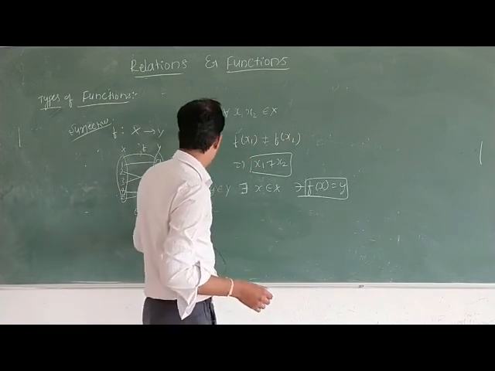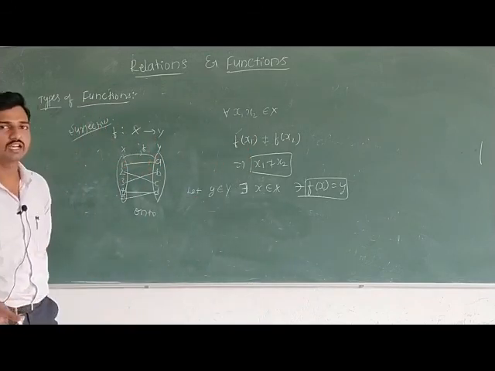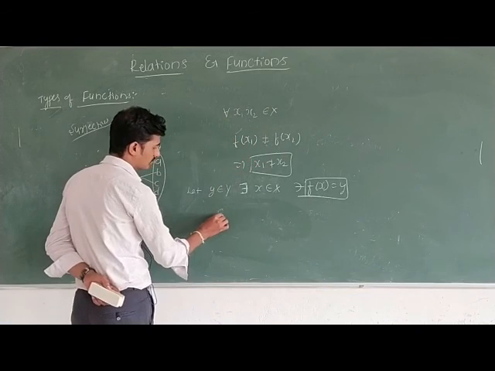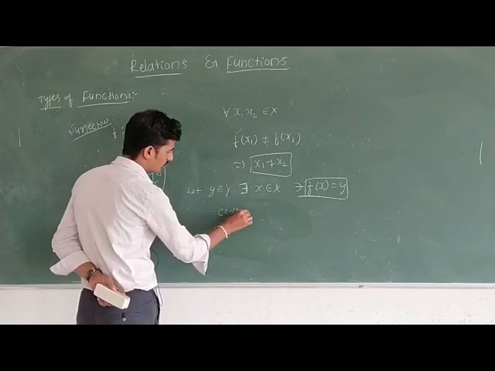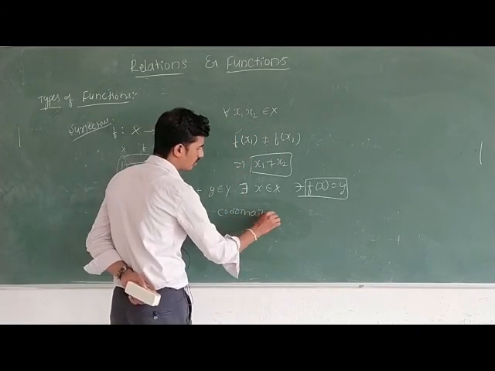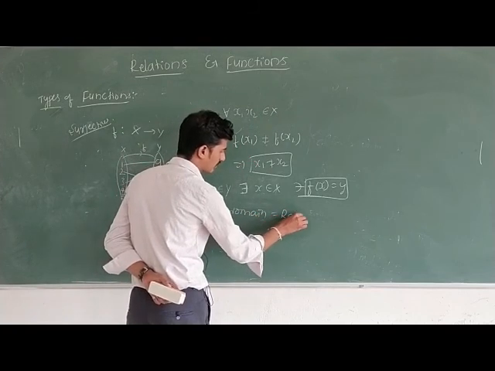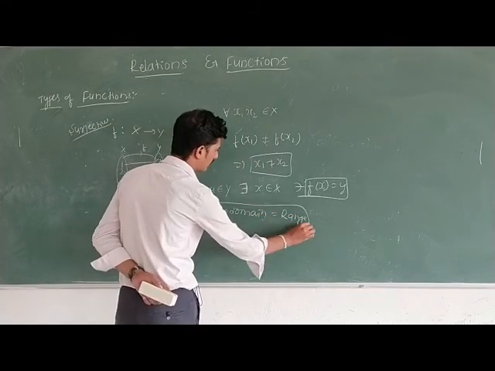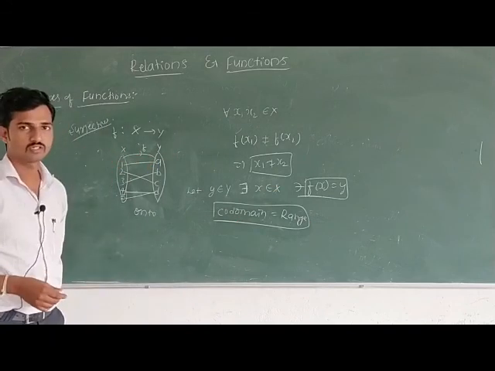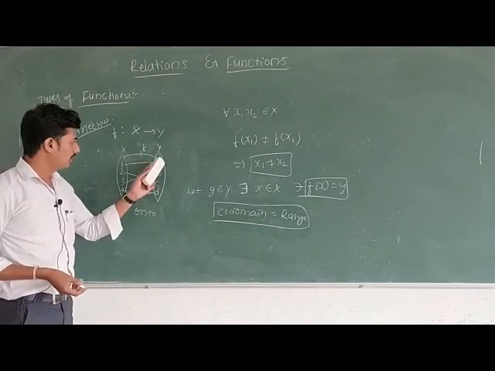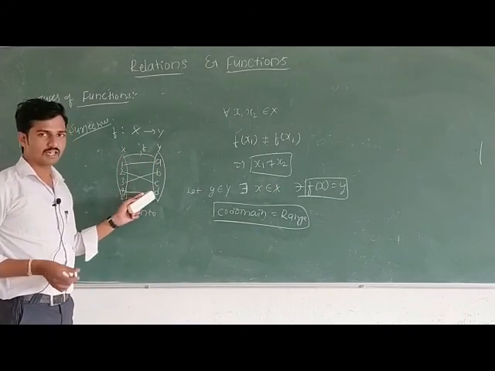So in other words, this onto function can also be written as codomain is equal to range. If codomain is equal to range, then that function is called an onto function. See why? Here a, b, c, d all the elements have at least one pre-image.